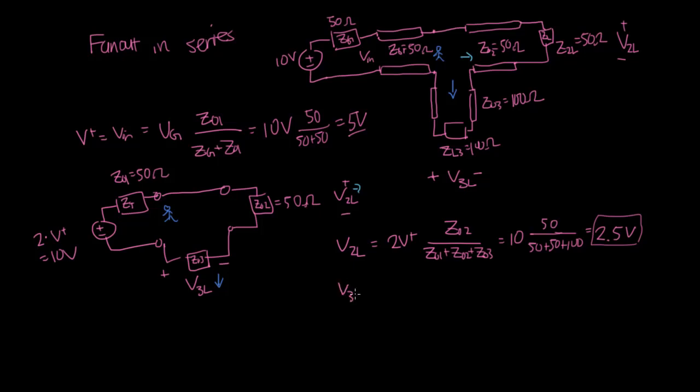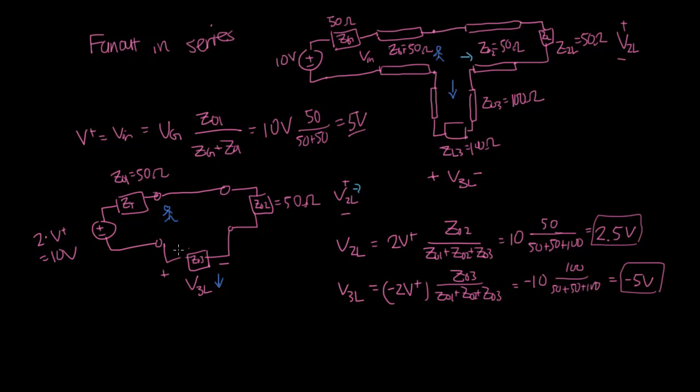Similarly, for V3L, remember, because this is inverted, we also have to add a negative sign. So it's going to be minus 2V plus, and then the voltage divider with Z03, so Z03 over Z01 plus Z02 plus Z03, which is equal to minus 10 times 100 over 50 plus 50 plus 100, which is equal to minus 5 volts.